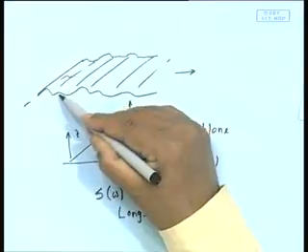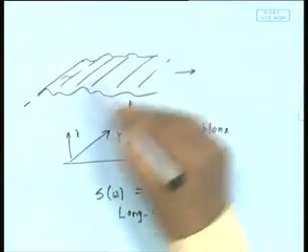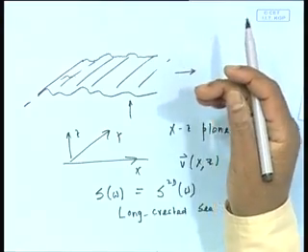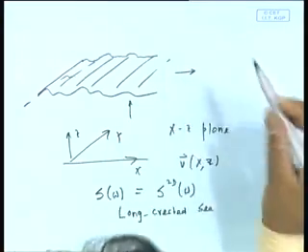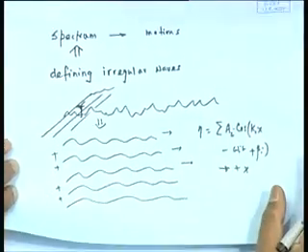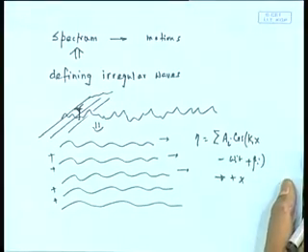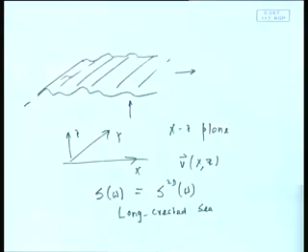So somebody may question that the spectrum I defined represents this signal by means of sines, but the waves are long crested whereas in reality they are not. Therefore, we need to define what is called a short crested sea.